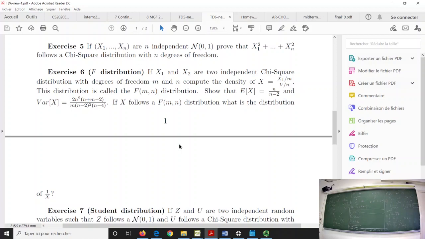But keep in mind that in my induction hypothesis, I suppose that x1, x2, ..., xn are independent. So when I want to prove the result for n plus 1, my beginning is x1, x2, ..., xn plus 1 are independent and N(0,1). It is included. I know that they are independent because it's what I want to prove. But if you want to write an induction not passing from n to n plus 1, but n minus 1 to n, no problem.